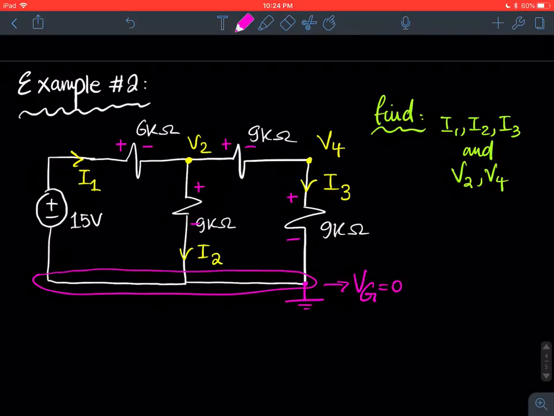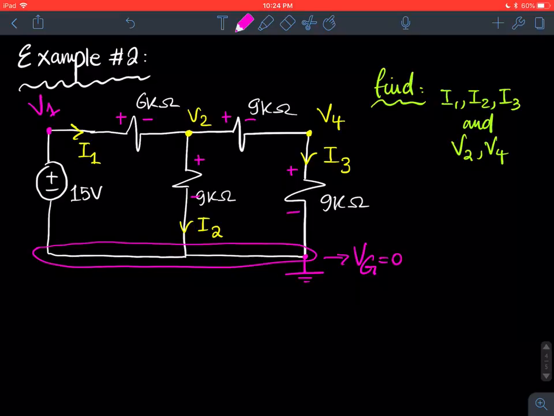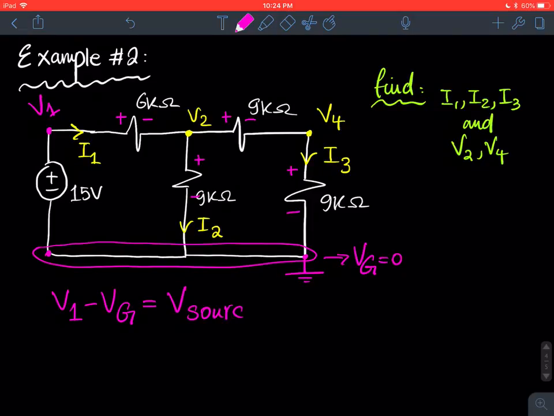So I'm going to label this V1. And if this is V1 and this is equal to 0 volts, then V1 minus VG should equal my voltage source, which equals 15 volts, which is given to me.